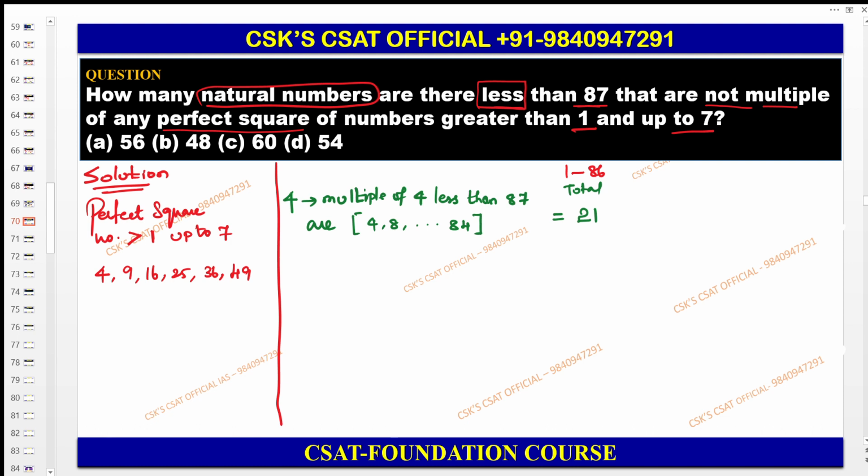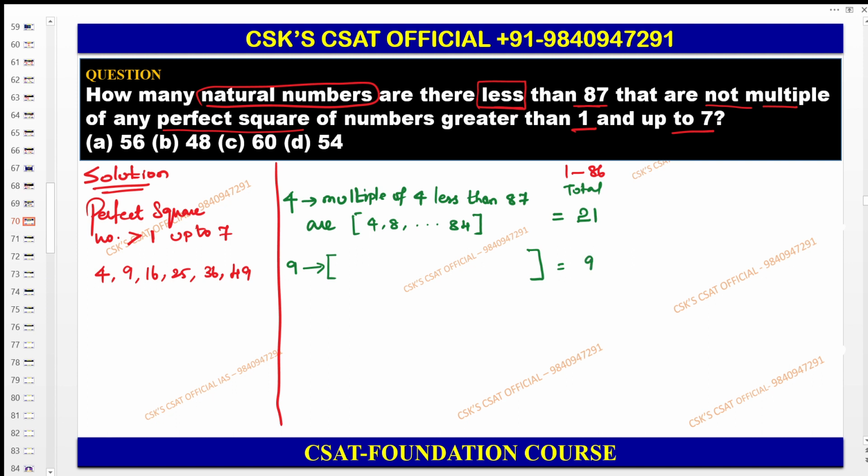Now go with the 9. Now be careful here. I will tell you the important point here. Okay, see, write it simply. You can say up to 81. 81 is the last one. If you are doing 81 as the last one, people in every situation will make a mistake.